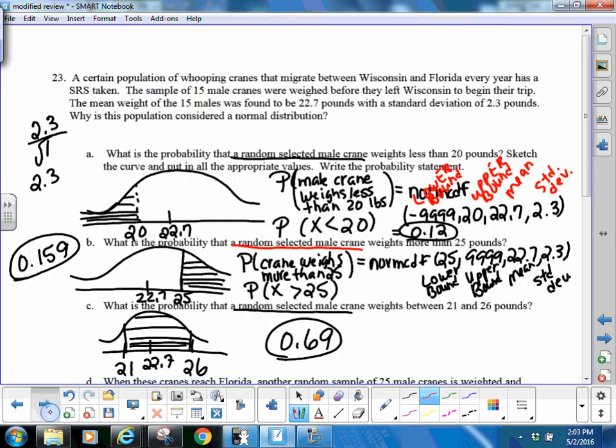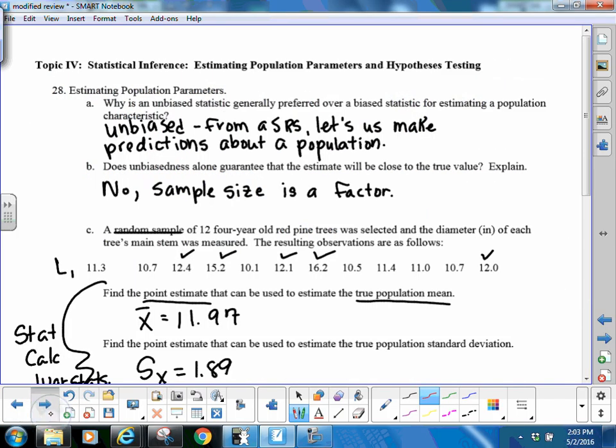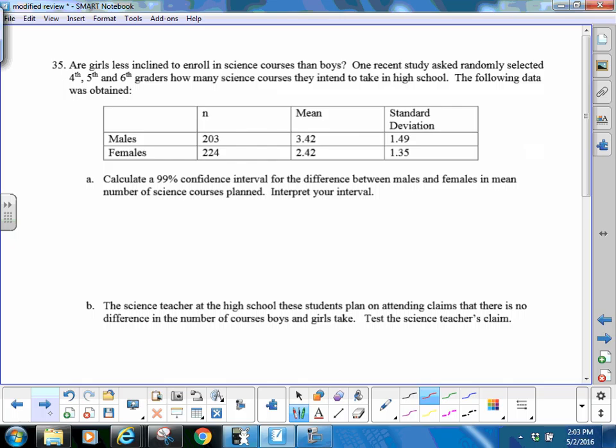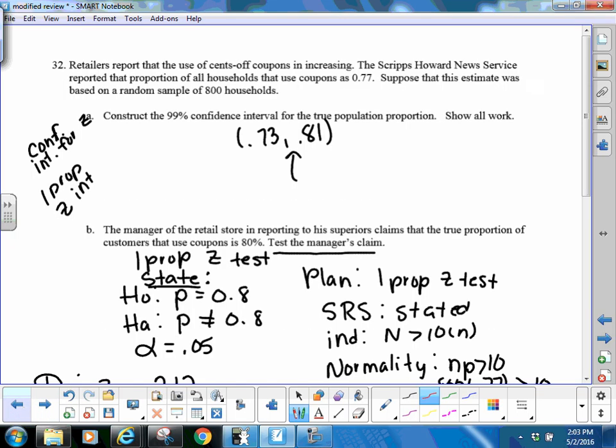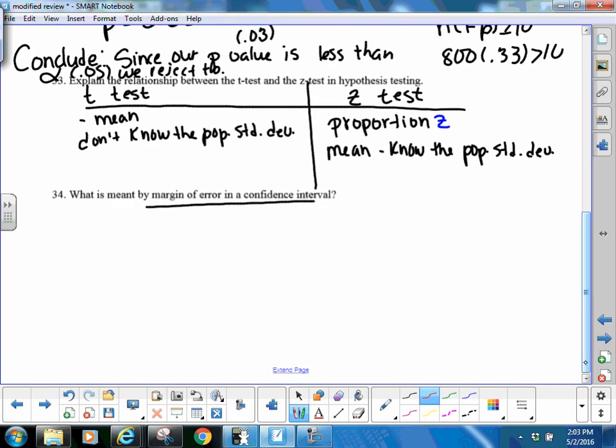So your margin of error in a confidence interval is your critical value times the standard deviation of your statistic.